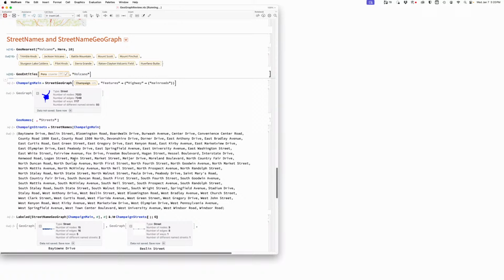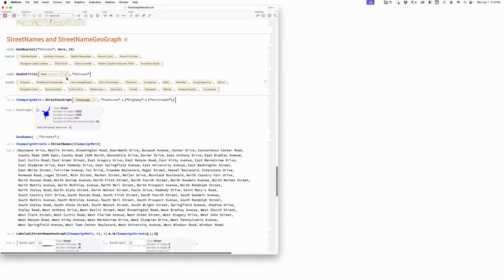So that would be the obvious thing to do, instead of having this be Peru. You have a lot of volcanoes? No, not so many. Not in our system yet, but there are probably many more. Well, in the history of the world, there certainly have been many more, but who knows?